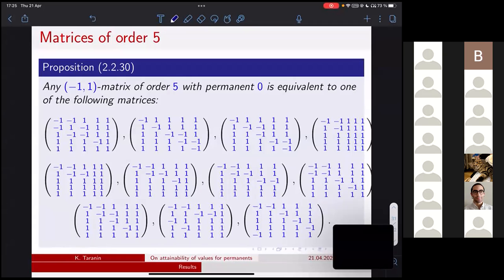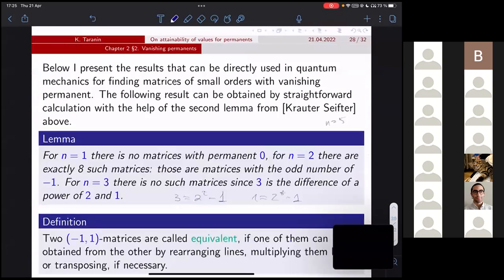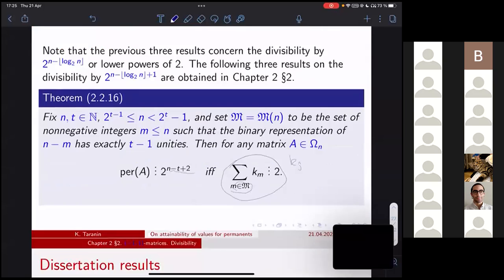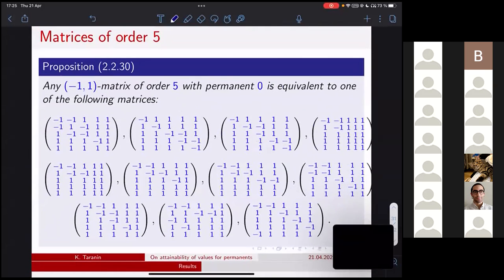How I proceeded: first I tried to throw away all the matrices that are equivalent as much as possible. Then I also used the criterion that I proved. It helped a lot to narrow down the number of matrices to consider. And then I was left with some very small number of matrices to consider by hand, and that's it.